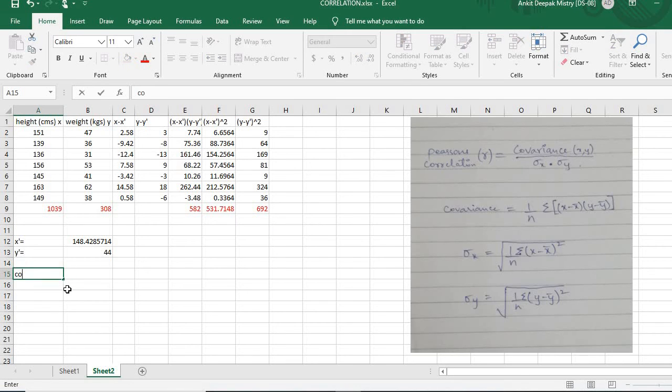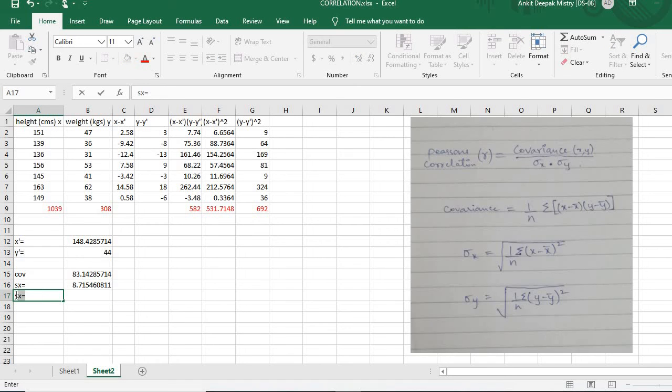Next, to find the covariance, covariance is equal to the summation of this part divided by n, which is 7 in our case, and sigma x would be equal to the square root of x minus x bar the whole square divided by n, that would be 7 again.